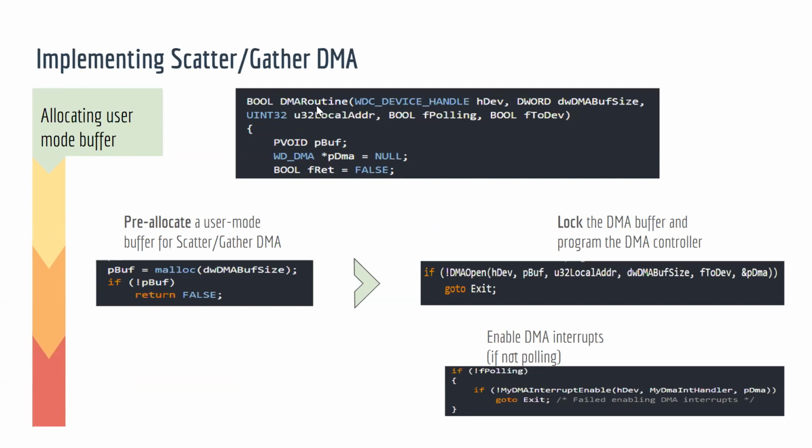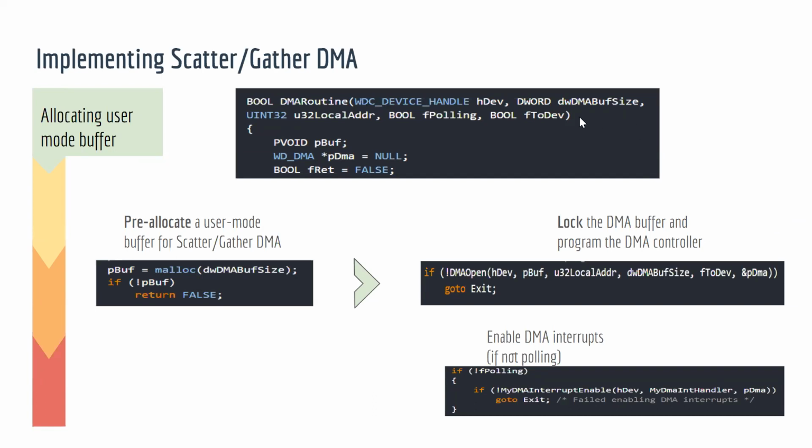So we have the DMA routine function. Okay, this function performs the DMA transfer. The DMA routine takes several parameters. Okay, we have the handle of the device. This is being called a lot of times during the DMA, calling to the handle.